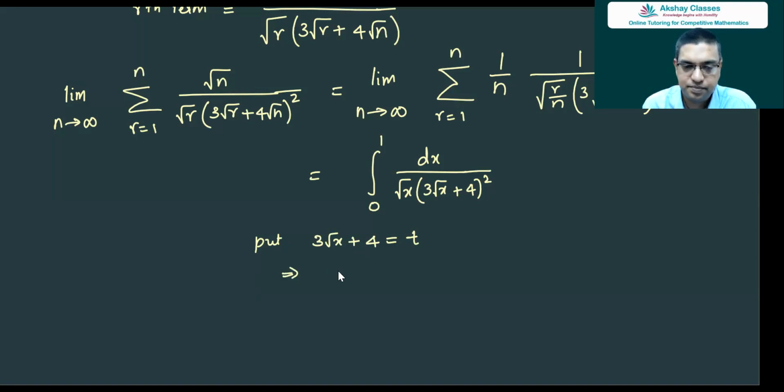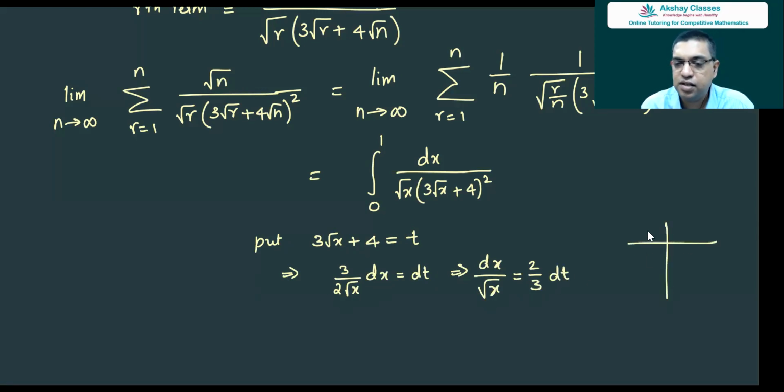This implies 3 by, what is the derivative of root x? 1 upon 2 under root x, dx is dt. So what do you get? dx upon root x is 2 upon 3 dt.